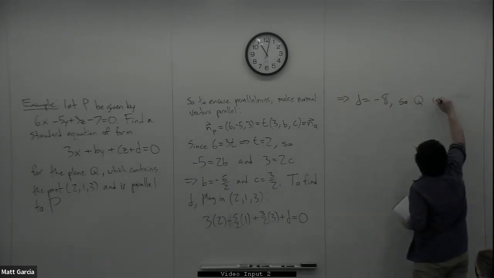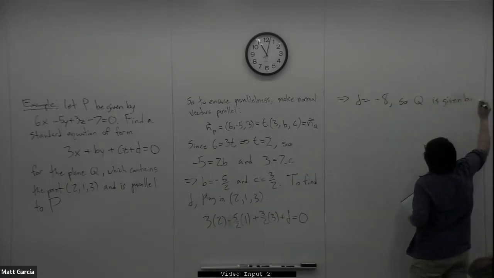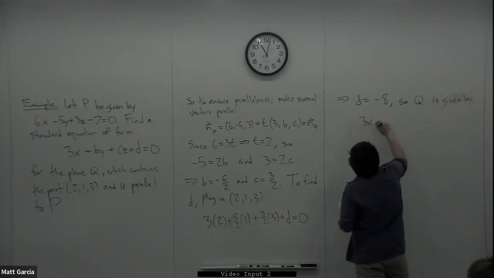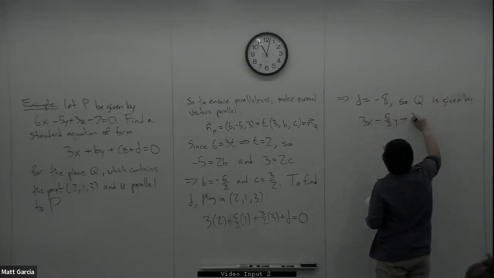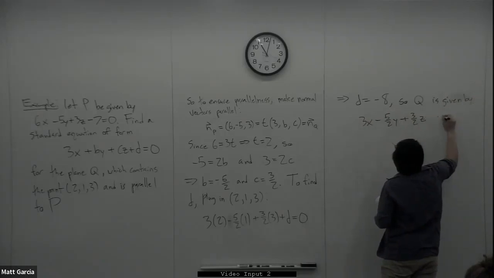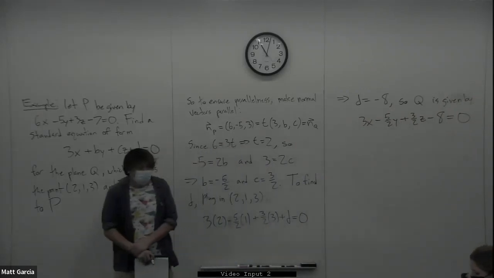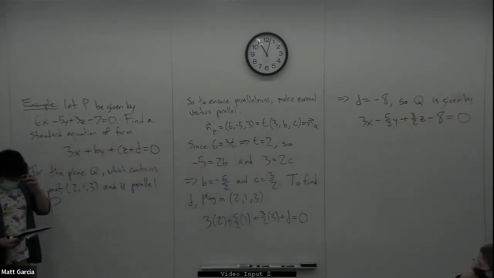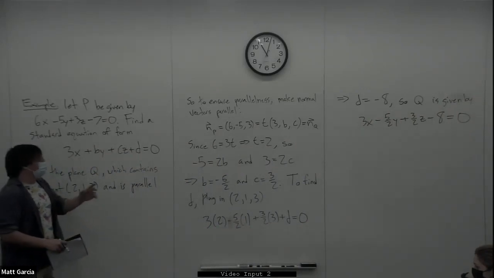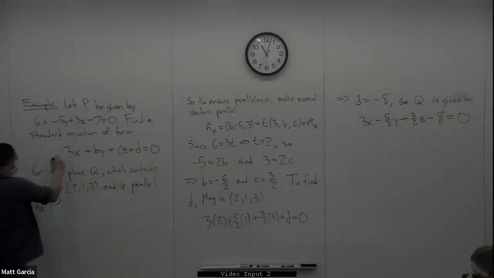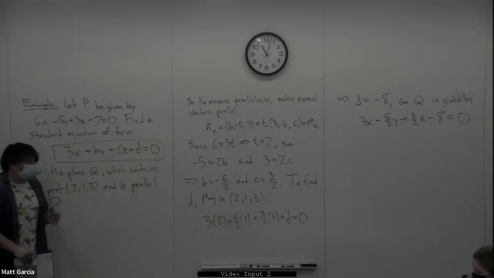So the plane Q is altogether given by 3x minus 5/2 y plus 3/2 z minus 8 is equal to 0. Okay. So that's pretty much all. Remember I was just trying to come up with an equation of this form. So once we come up with the constants B, C, and D, we're done.